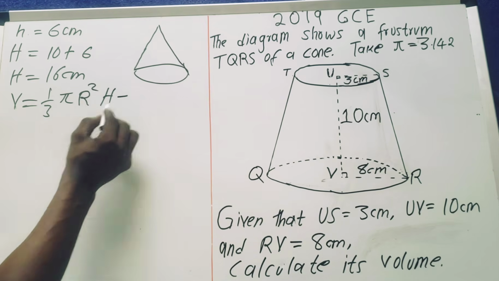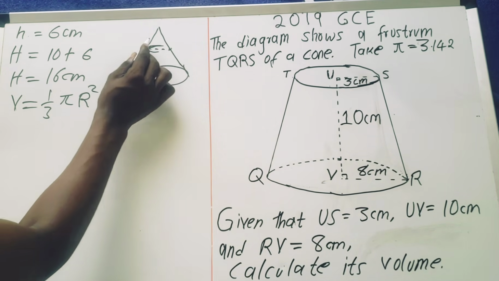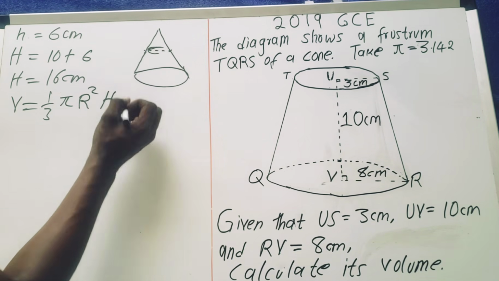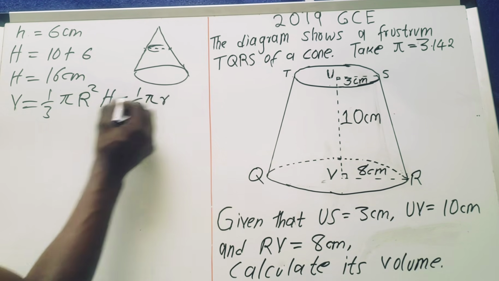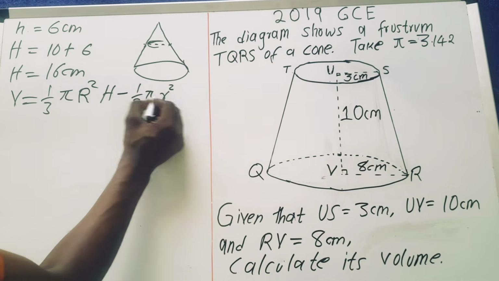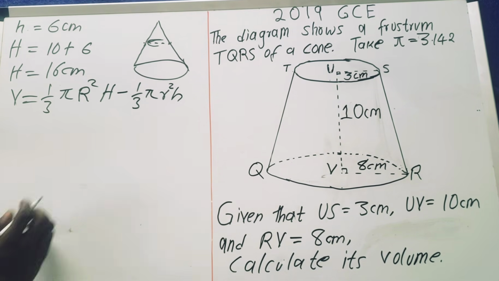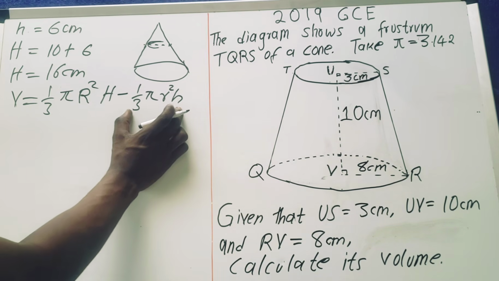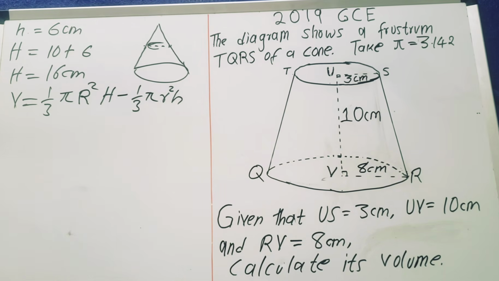Then we have minus the volume of this smaller cone, which is 1 over 3 pi. The radius for the smaller cone will be small letter r, and the height will be small letter h, symbolizing that this is the volume for the smaller cone. So this volume minus this will remain with the volume of the frustum.